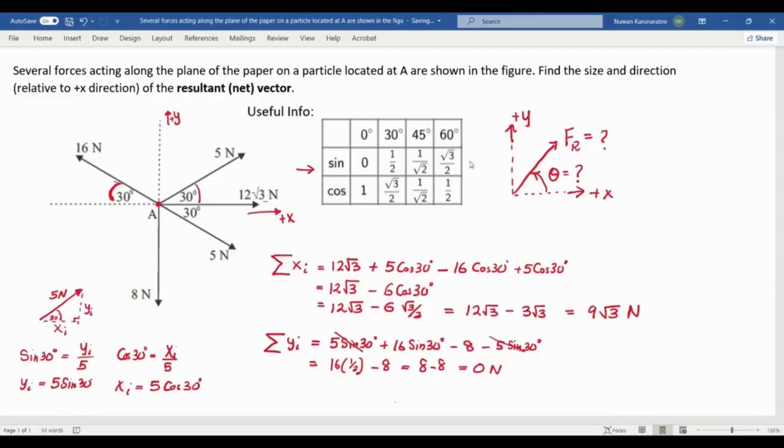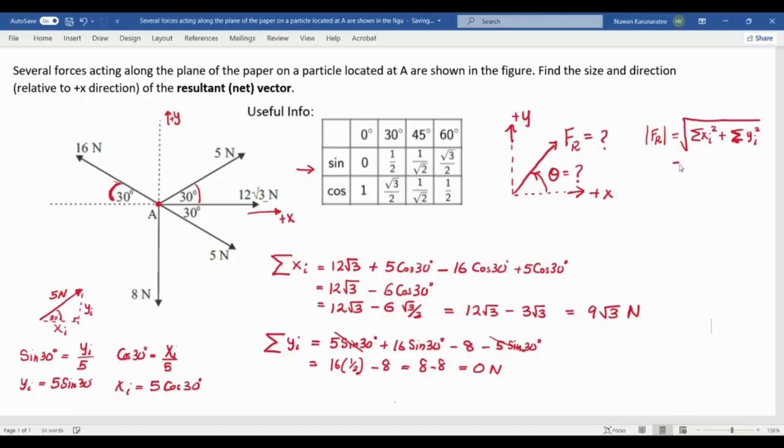So finally, we can find out the magnitude of the resultant force or the resultant vector. I'm going to use the definition, but the answer is obvious in this example, but I'll still use the definition. We are going to sum up all the x components squared and then add that to the summation of all the y components squared.